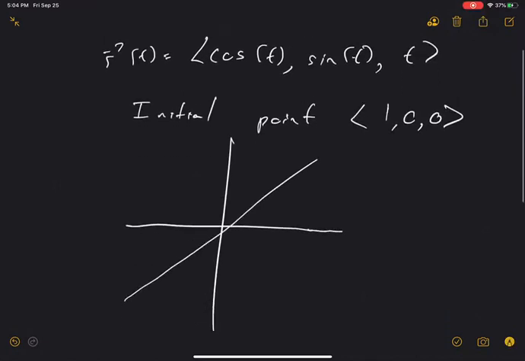So I have this curve. What does cosine of t, sine of t, t look like? Let's see. At t equals 0, I'm here.